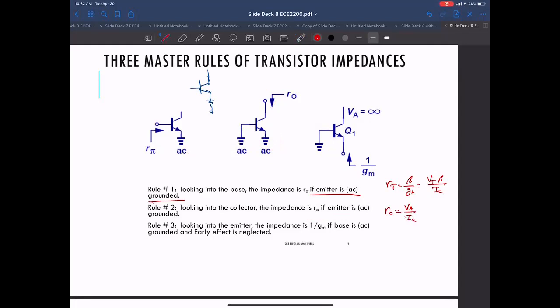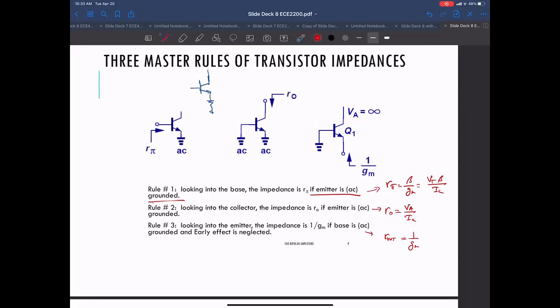Okay, and then looking into the emitter, R out, looking through the emitter, is 1 over G sub M. And of course, this is if the base is being driven, or AC grounded is the way to look at it, and ignoring the early effect.